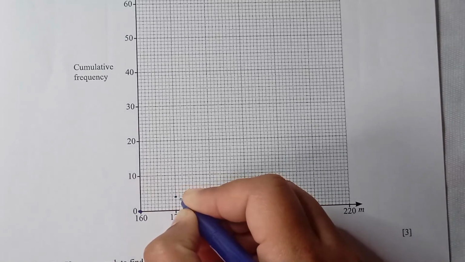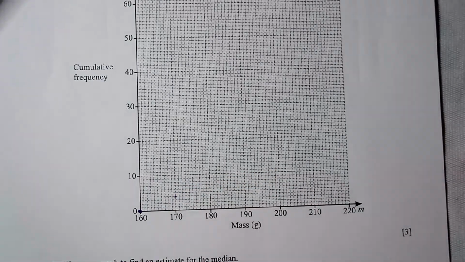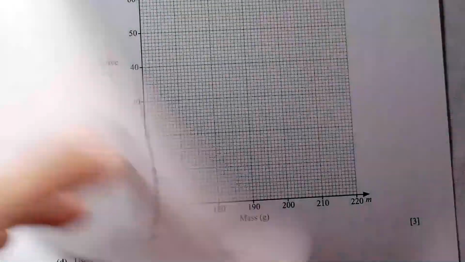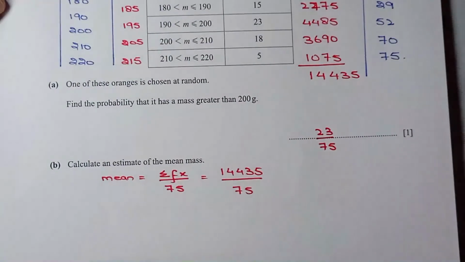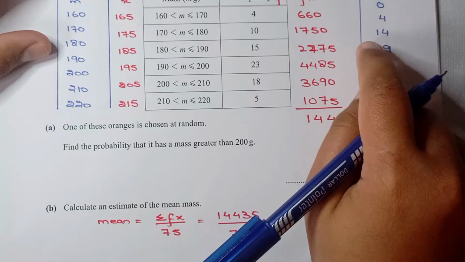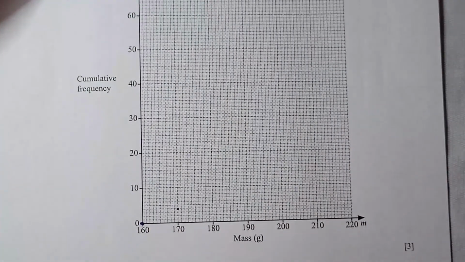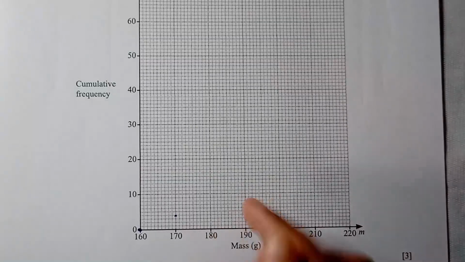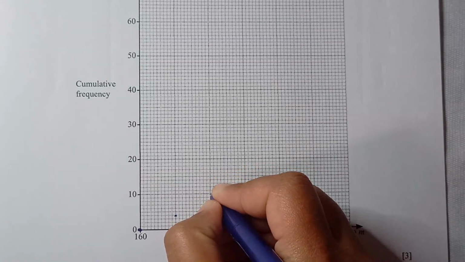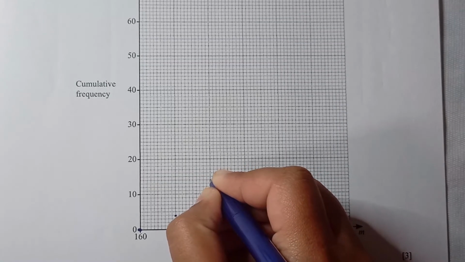This is the 4. Now going back to the table, when it is 180, it would be 14. So 180, 10, 11, 12, 13, and 14. This point.